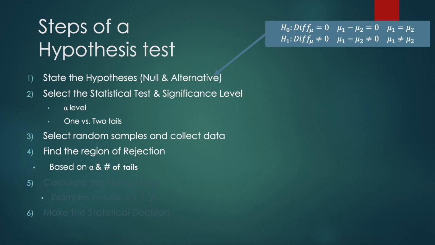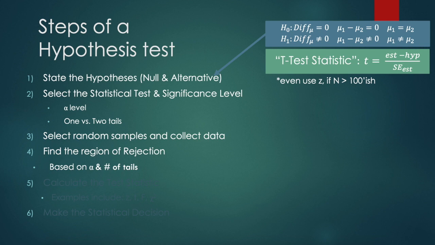Ultimately, it's going to be based on that p-value. So in this case, we're going to use the t-statistic, and that is just the estimate minus the null hypothesized value divided by the standard error of the estimate. We're going to talk about exactly what that looks like in just a moment, but it's still going to be built just like we've been doing with the t-test before.